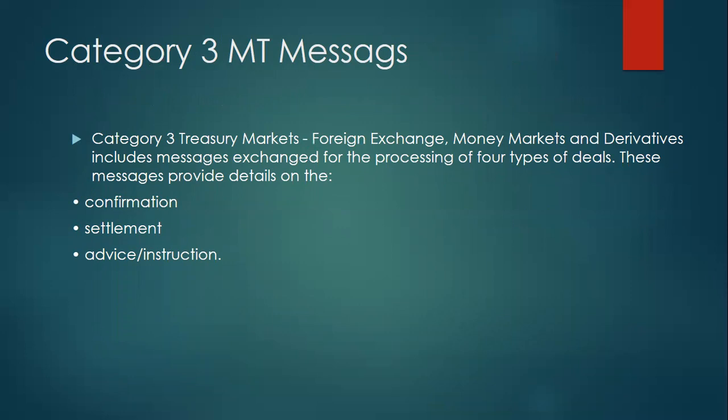These messages provide details on the confirmation. Whenever you buy or sell the currency, you use the message for the confirmation of the deal. Then there is settlement, which includes these messages as well, and advice and instruction for those deals are also involved in the MT3 category.